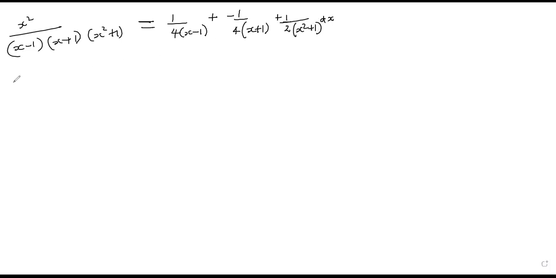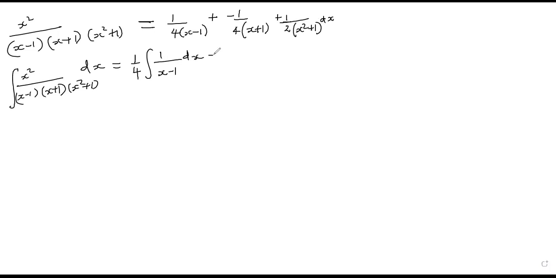So it means that our integral of x squared out of that dx is going to be equaling to a quarter integral of 1 over x minus 1 dx minus a quarter integral of 1 over x plus 1 dx plus a half integral of 1 over x squared plus 1 dx.